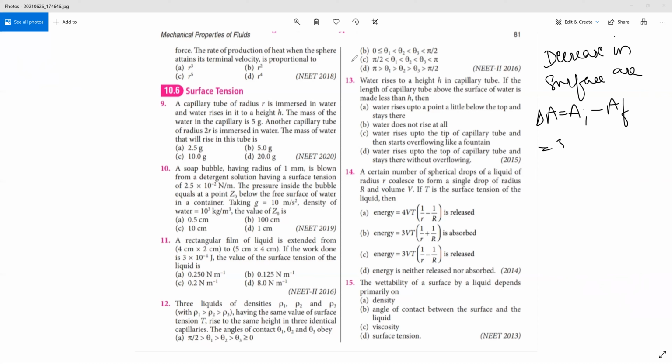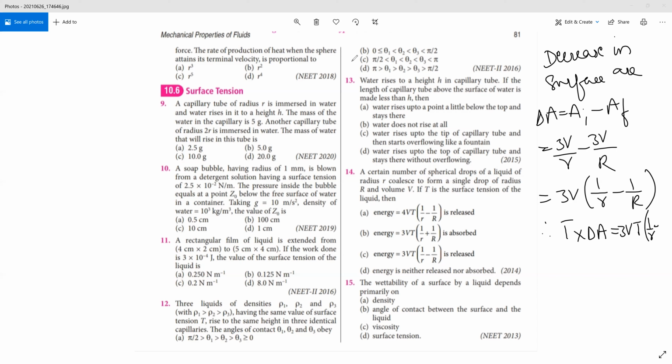So that is equal to 3V divided by r minus 3V divided by R. Taking 3V as a common term, it becomes 1 by r minus 1 by R. Therefore, energy release, equal to surface tension into decrease in surface area, is given by T into delta A, which is equal to 3VT in the bracket 1 by r minus 1 by R. So therefore, for the 14th one, C one is the right answer.